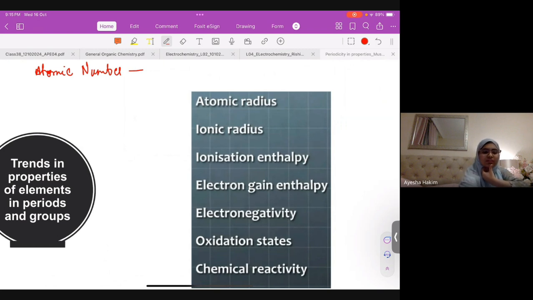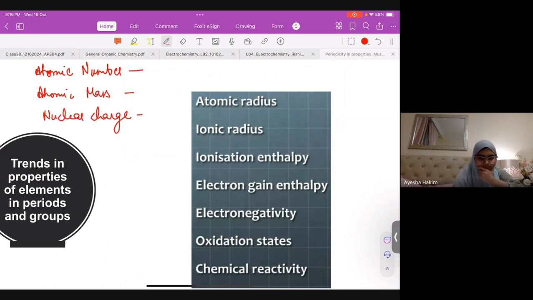No, I'm talking about atomic number. It's the nuclear charge. Okay, no issues. So I'll tell you. There is atomic number, there is atomic mass, and there is nuclear charge.